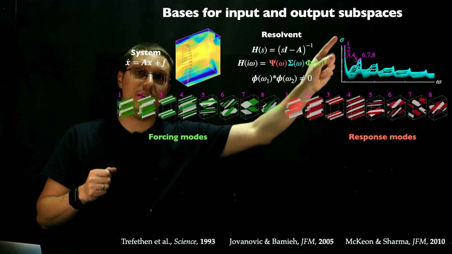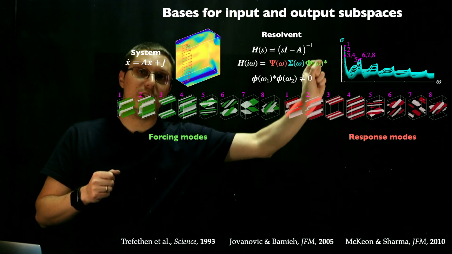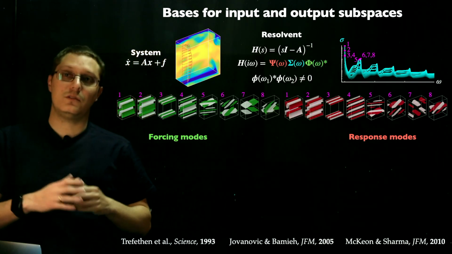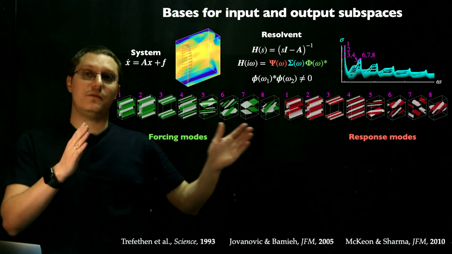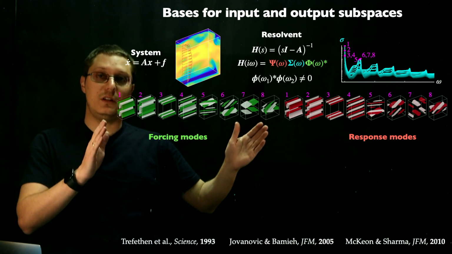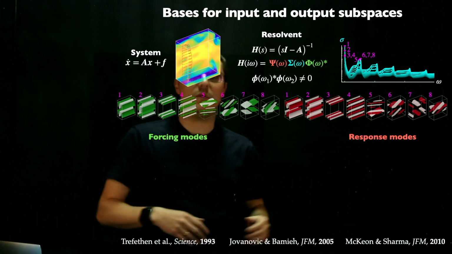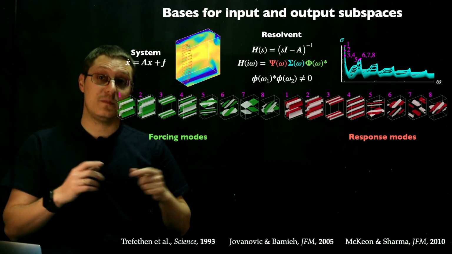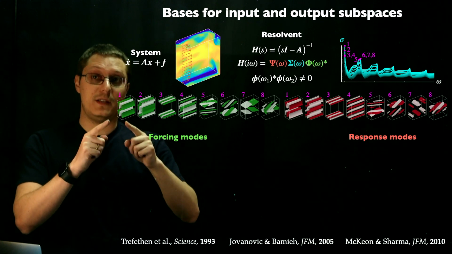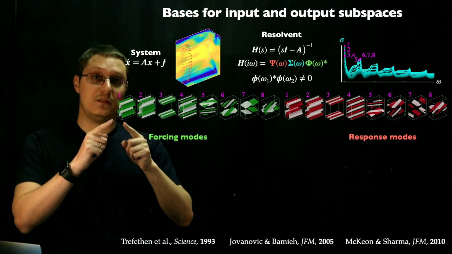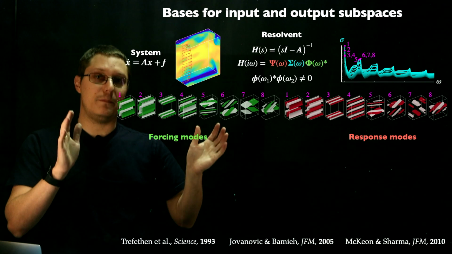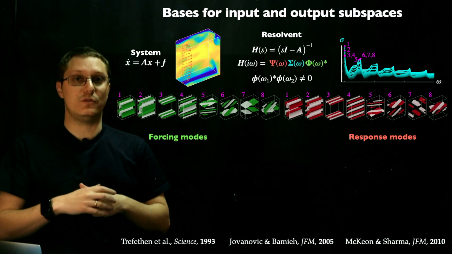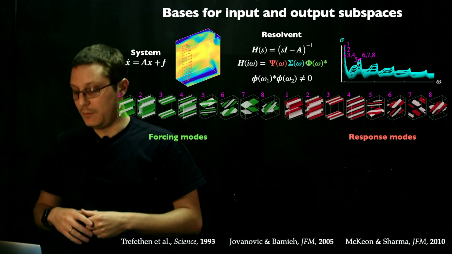So this is the gain, and I'm cherry-picking a few resolvent modes so that I build this basis of flow structures. So these are inputs, and these are outputs that are representative across a wide range of frequencies. Okay, so these are now fixed flow structures that do not depend on the frequency. So we have a basis of input and output modes that we could use for input and output projection.